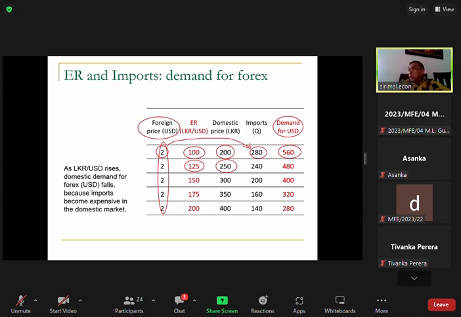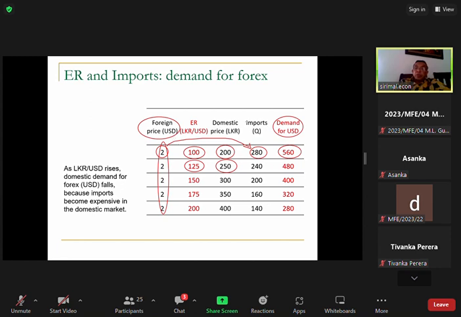So the commodity is now becoming expensive in the domestic market. Of course, we are quite familiar with that during the last couple of years, and we have seen how imported stuff is becoming more and more expensive. And one of the reasons is exchange rate depreciation like this.